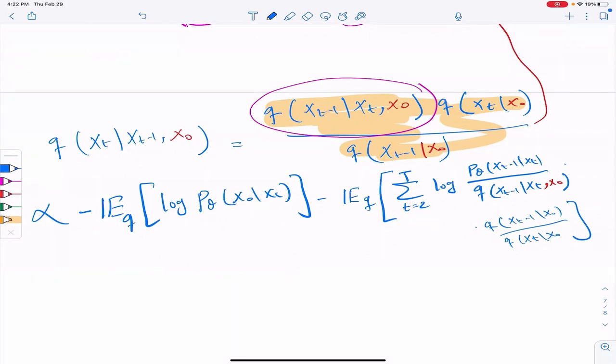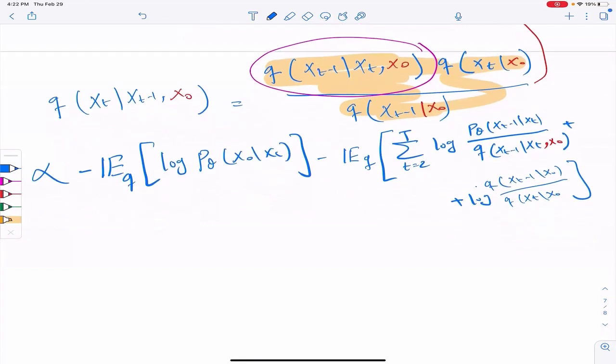Even better, I have log of the product, so I can apply log. So I have these terms. Let's look at the different terms that we get. Here, the first term, what is it? It is log of p theta x0 given x1. It is pretty manageable, right?